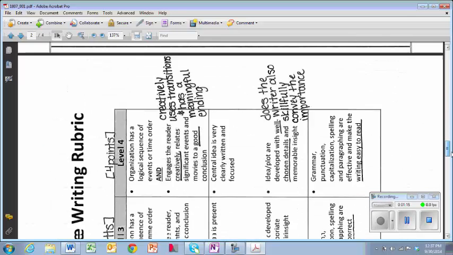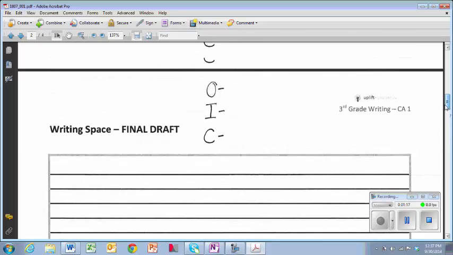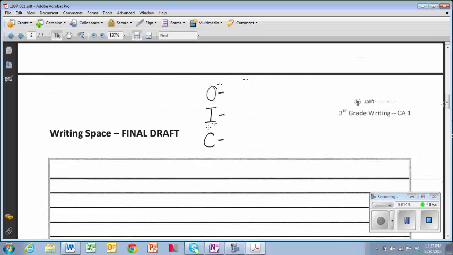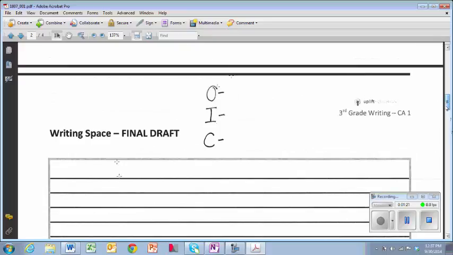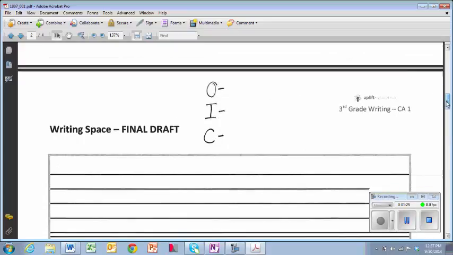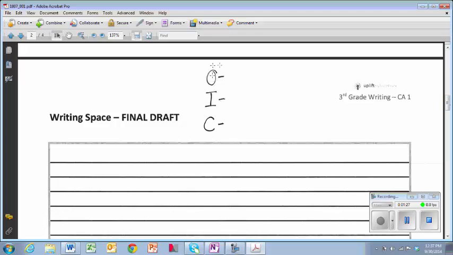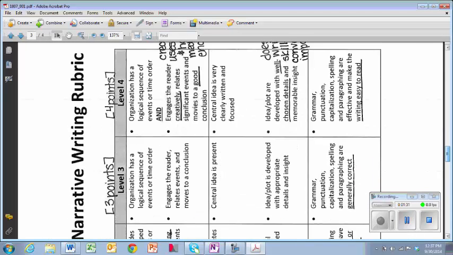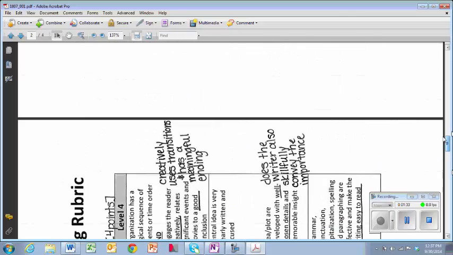I would recommend as you get started that you write the initials OIC at the top of the writing space for those constructed responses. The reason I would recommend this is because these three initials align to the three parts of the writing rubric that's right down here below.